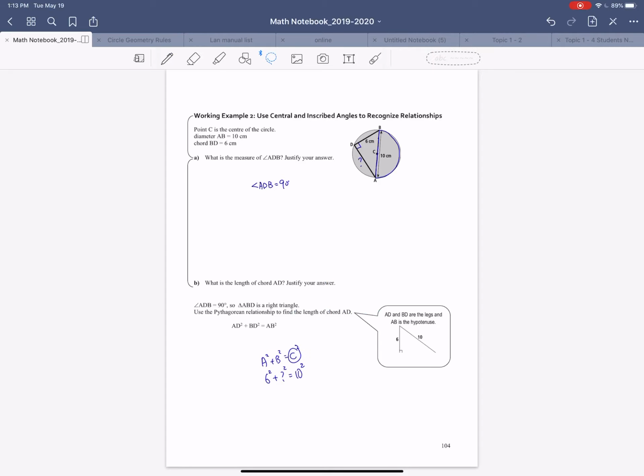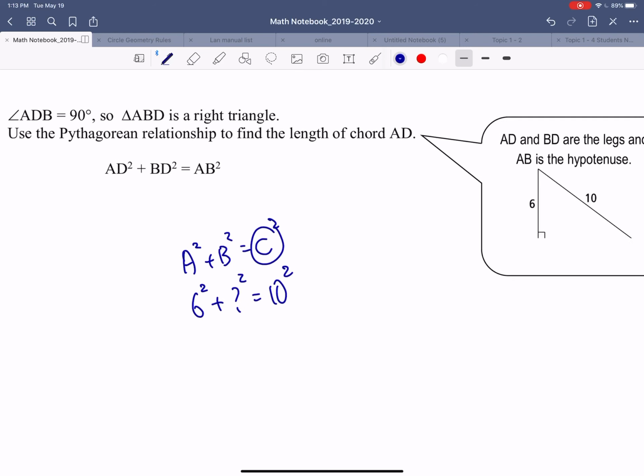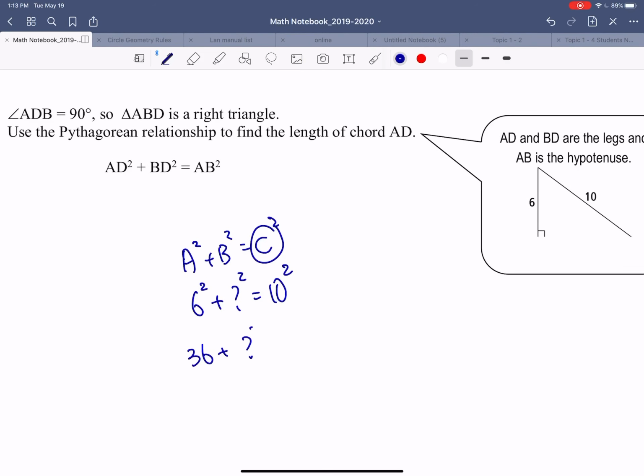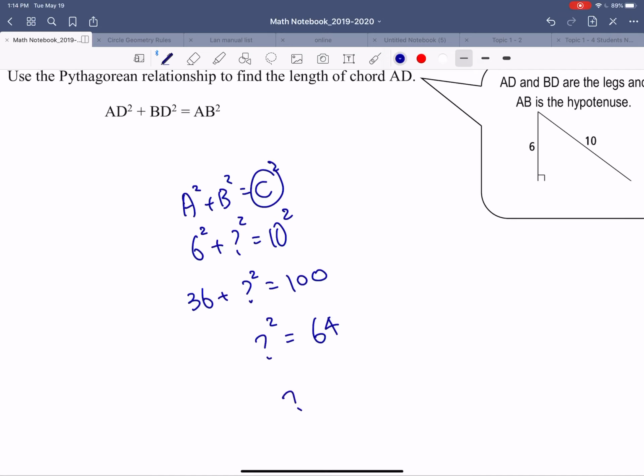I'm just going to move it here because it gives us space. So 36 plus what will give you 100? Question mark squared equals 64. Question mark equals 8.